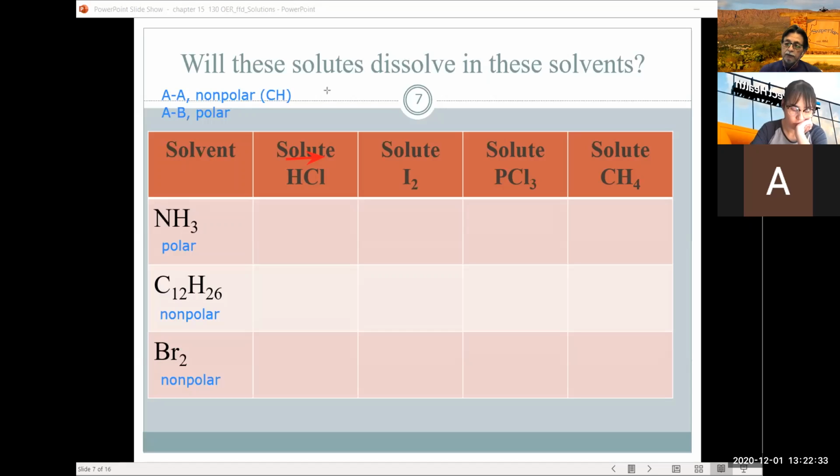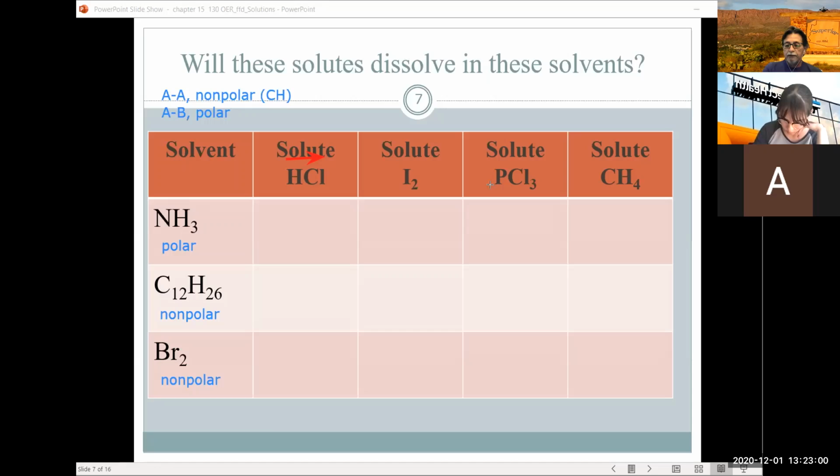Unlike HCl, in that single bond between the hydrogen and the chloride, the electronegativity is not the same, and therefore that bond sharing is more toward the chloride. It is unequal bond sharing, and when you have unequal bond sharing, you have a polar bond. So I2, iodine, is nonpolar, okay?